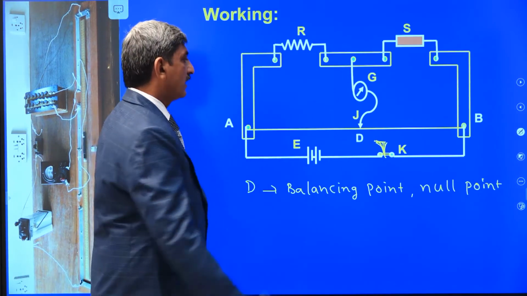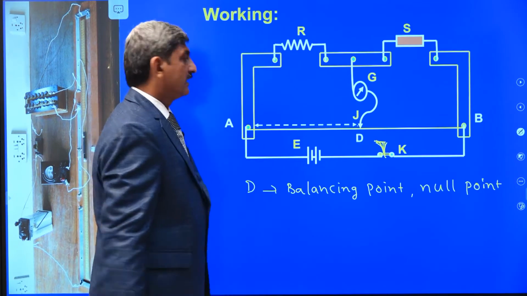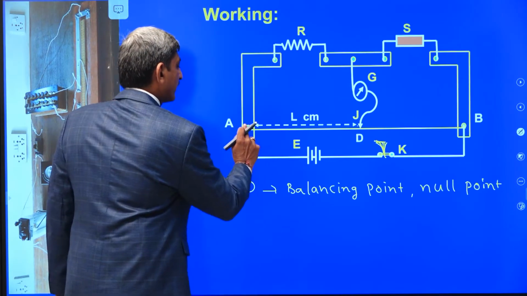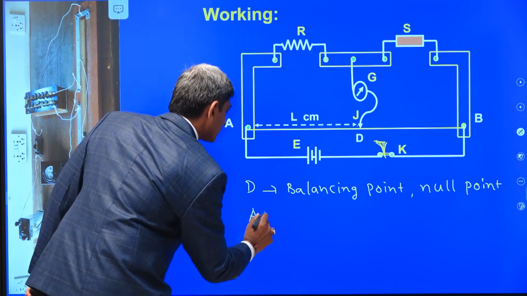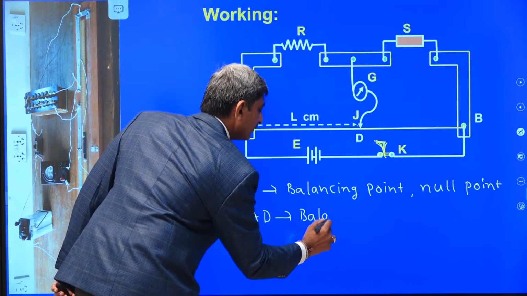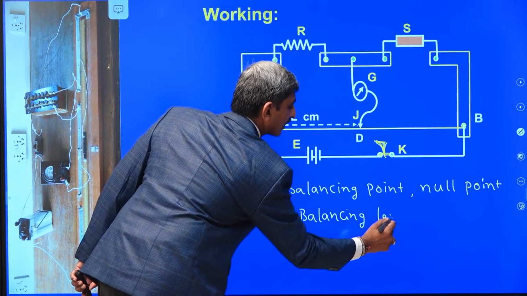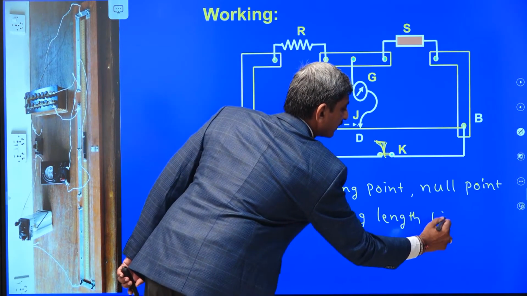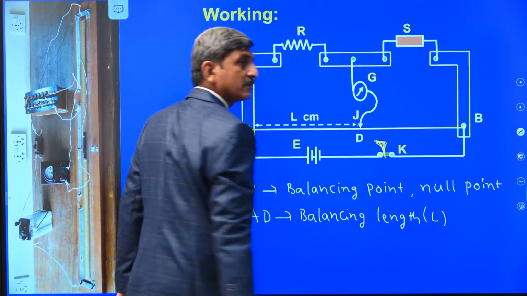Now, the distance of this balancing point from the left end of the wire is called the balancing length. So here, from point A to the point D, the distance is called the balancing length, L. If this is L, what about the remaining portion?